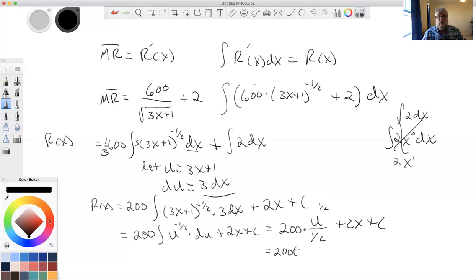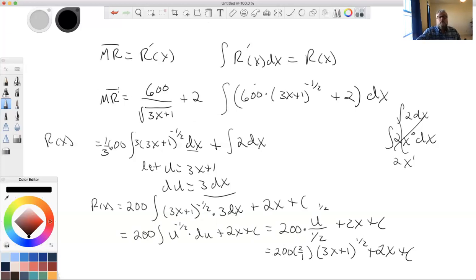And u is this thing, 3x plus 1. We got a little bit of simplification and make that 400, right? But there's how we're going to find the revenue function for this marginal revenue right here.